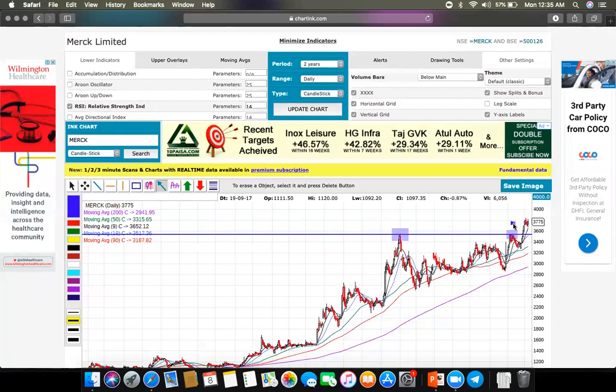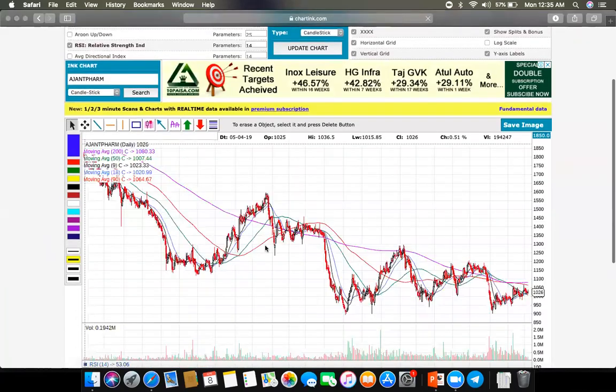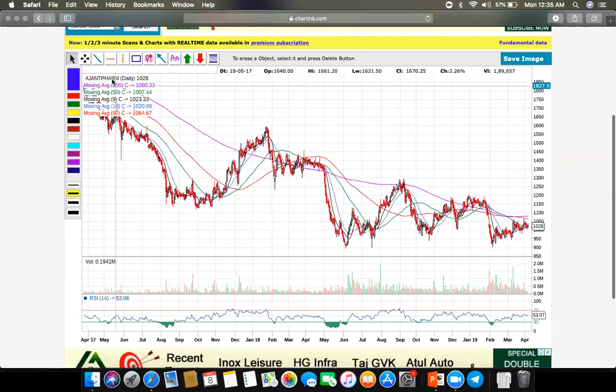And this was the point where the share price broke the resistance area. And this is what we know as a breakout. And most of the investors initiate a buy after a breakout if they find that this is not a false breakout.